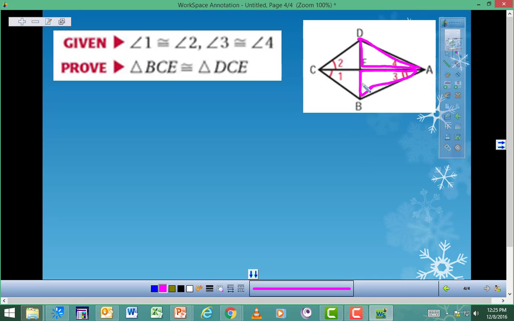If I were to do that, then I would be able to say this side is congruent to this side, and this side congruent to this side. Oh my goodness, then I'd have a side-side-angle setup. The side-side-angle doesn't work, so I don't want to use that one. So we have to think about how we might do this.